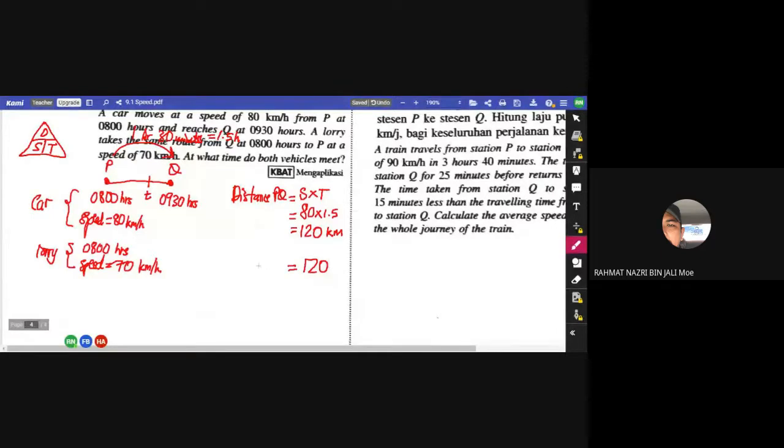We're going to refer to the distance, which is S multiplied by T for the lorry. So 70T, multiplied by the specific time. We have to assume that T, the small letter T here, is the time that both vehicles meet, plus the car, 80T.